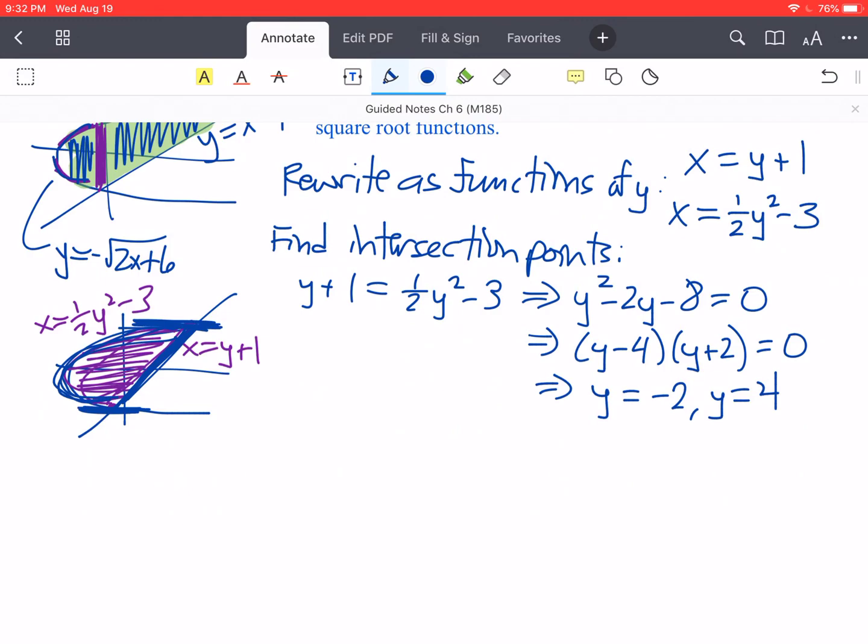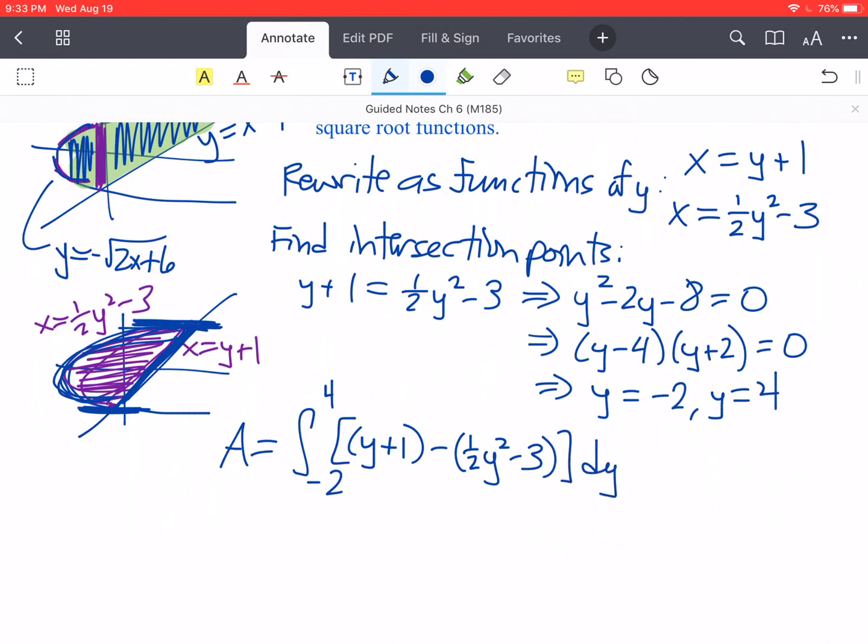So let's set up the integral for this area. So A is the integral from -2 to 4 of the outer function minus the inner function. So y plus 1 minus 1/2 y squared minus 3, dy. So let's combine as much as we can, just simplify that integrand a little bit.